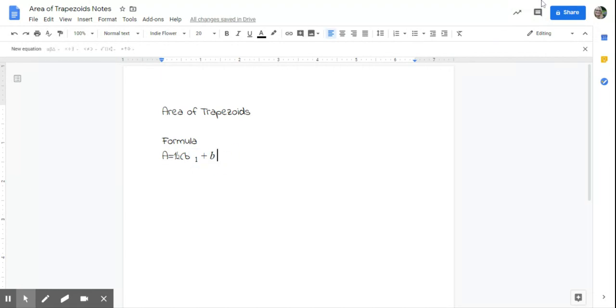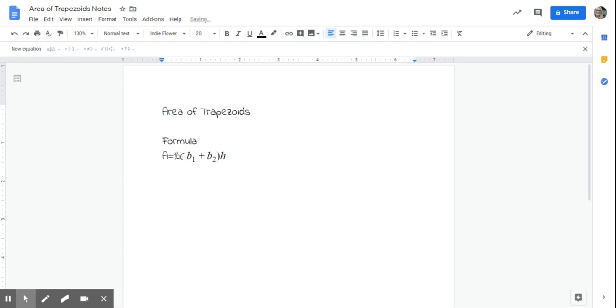Let me pause. I'm going to redo this real quick. Okay, there we go. Base 1 plus base 2 times, or close parentheses, height.